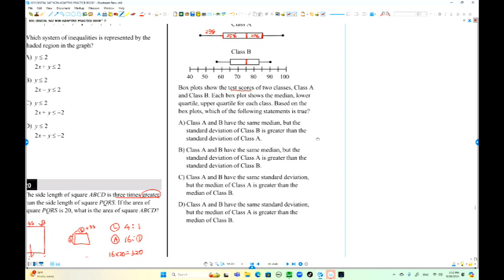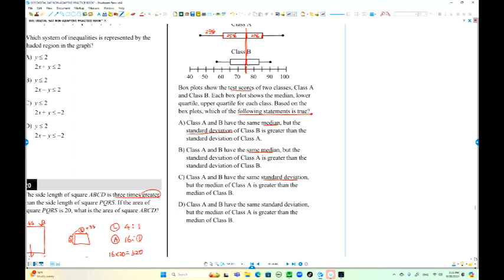So anyway, based on which of the following must be true, take a look up here. They are talking about median and standard deviation. Now let's find the median. Here and here, same number lined up here. Median is what?